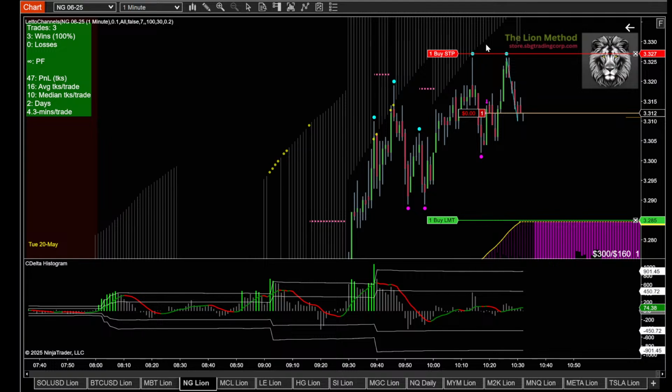Well, we're going to move our stop ultra tight again. Let's move it right there. It's just 5 ticks away from entry, so I see some rising delta. The lion claw is moving up. Oh, we do have some buying stepping in here.